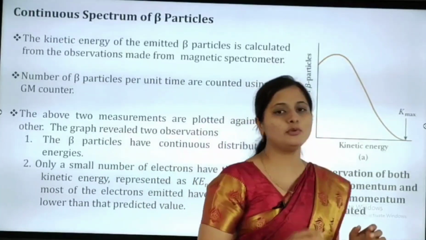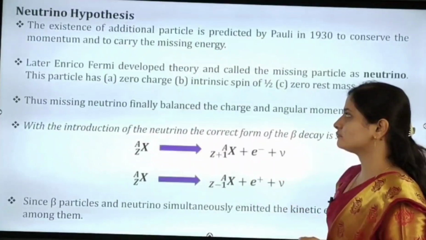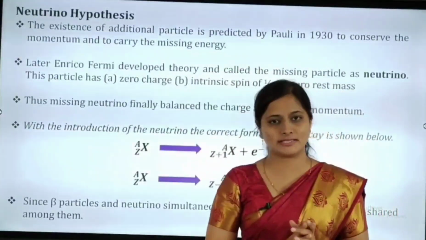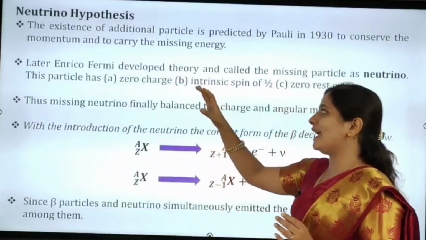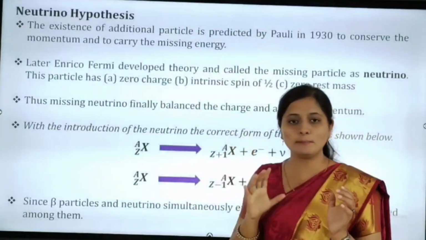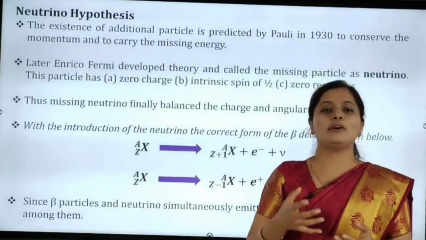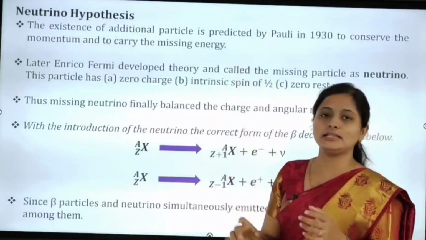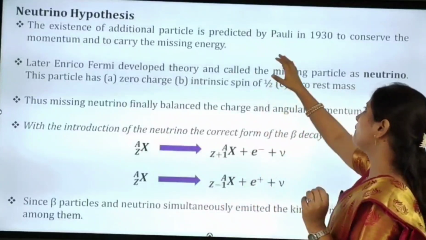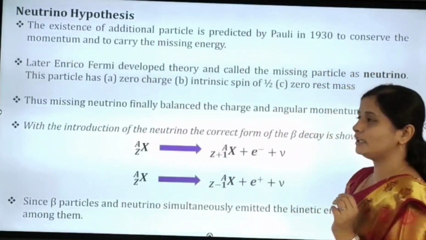We'll move to the next topic, the neutrino hypothesis. The existence of an additional particle, existence meaning presence, was predicted by Pauli in 1930.